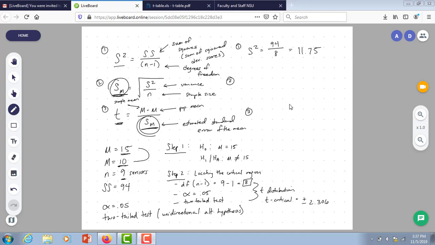From there, we move on to calculate our estimated standard error of the mean, which involves the variance in the numerator over the sample size, and then we're going to take the square root of everything. Be very careful not to stick a standard deviation within this numerator and try to square it. I want you to look at this entire abbreviation and superscript as representing what you're calculating here, which is the variance.